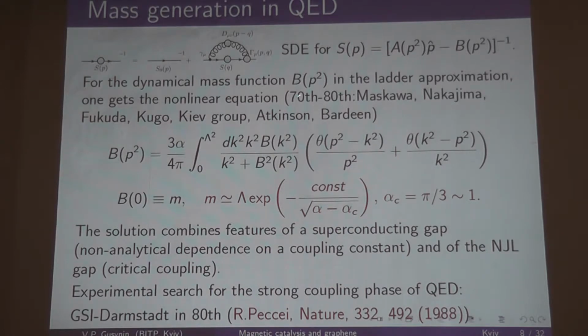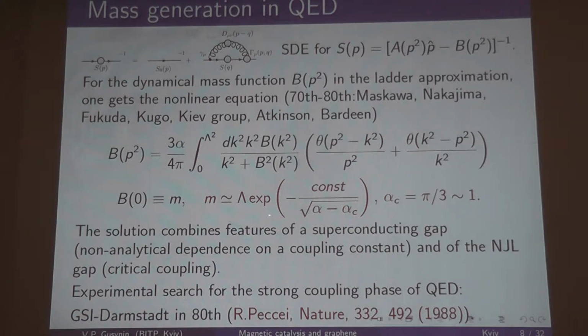It was studied extensively in the 70s and 80s by several groups, including a Moscow Nobel Prize laureate, and our group. What was found is that indeed a solution for the mass exists if the coupling is larger than some critical one. So there is some threshold for the coupling constants.